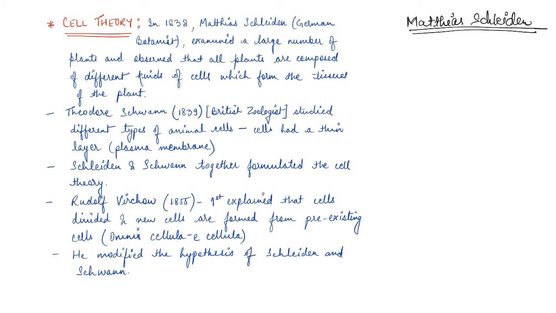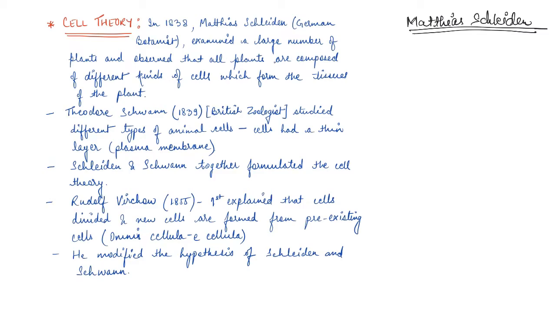Around the same time, in 1839, there was a British zoologist, and his name was Theodor Schwann. Theodor Schwann studied different types of animal cells, and he noticed that the cell had a thin outer layer which is now known as the plasma membrane.